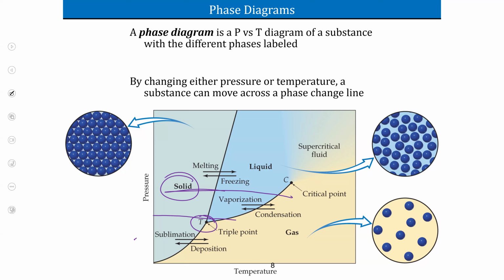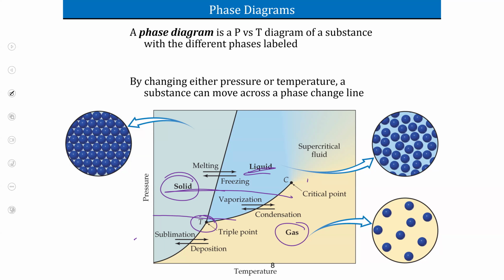Reverse that. At low pressure and high temperature, what are you likely to see? Gases. And then in between, you see liquids. It's always this sort of Y shape where you hit a triple point where all three phases can exist at the same time if you have the right conditions.